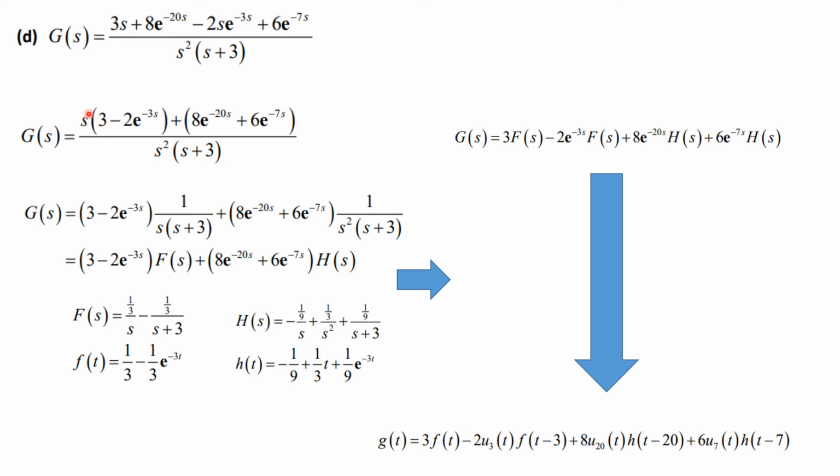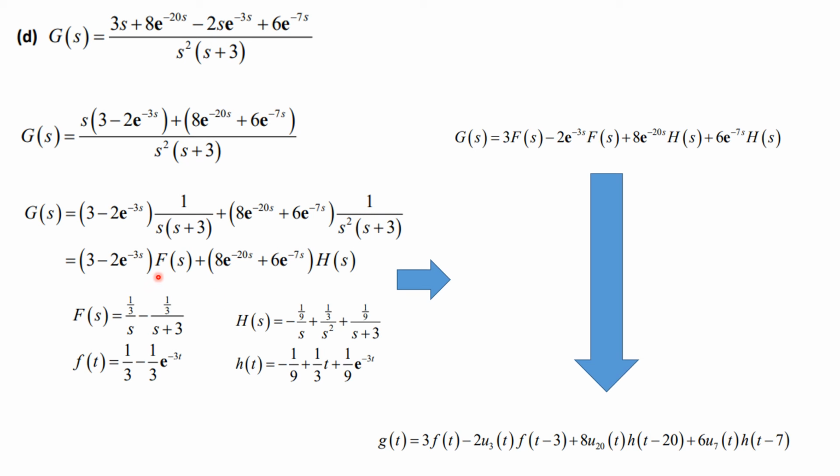Notice that when I take this term divided by this, there's an s that cancels. This s will cancel with that s in this term. So I have this factor times this plus this times this. I'm going to call this capital F of S, and we'll worry about doing the transform of that. We will call this one capital H of S, and we'll worry about doing the transform of that.